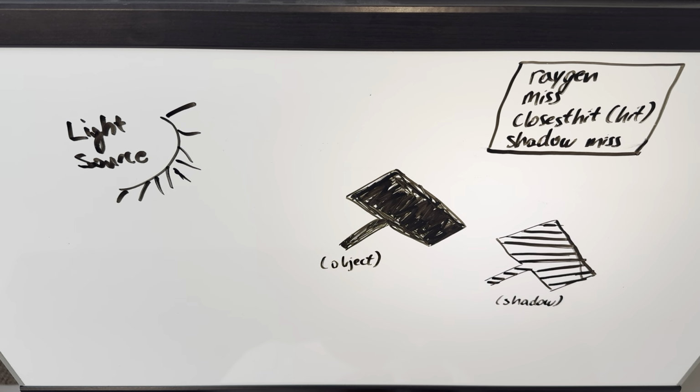So rays that are generated from our camera into the scene, that's basically what we call the primary ray. The primary ray comes into our scene, and these primary rays basically initiate everything.